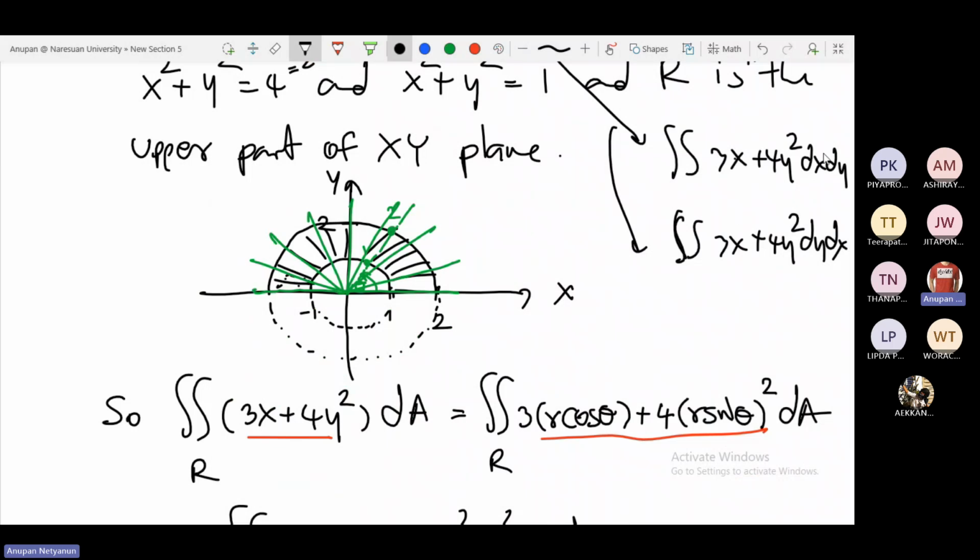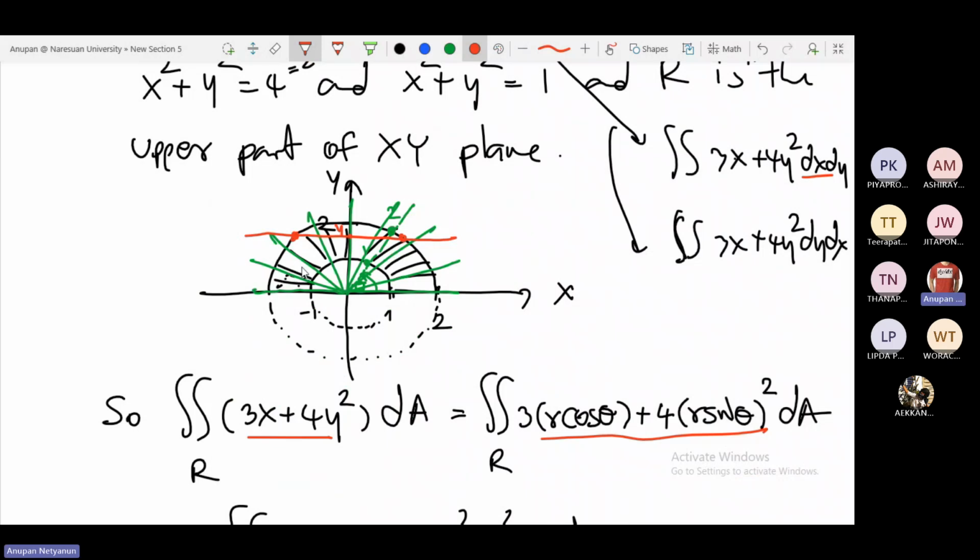Let's say you integrate with respect to x first, so your y is a constant, right? You have to draw a horizontal line. And you can see that at this fixed y, this line starts from the left side of the circle with radius 2 to the right side of the same circle, okay?